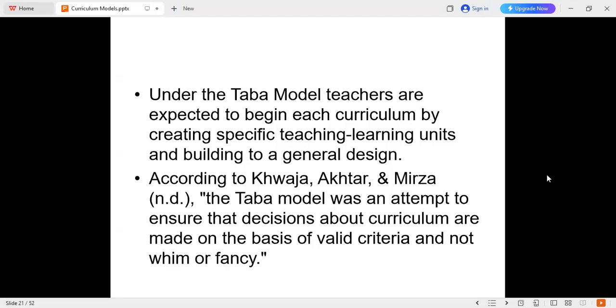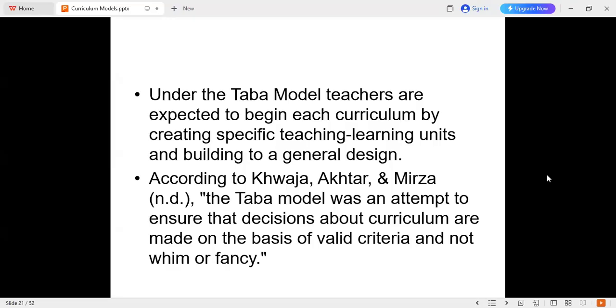There should be some criteria-based curriculum.